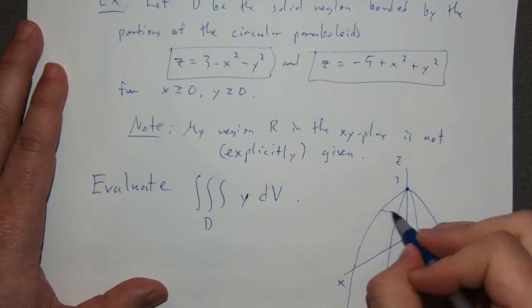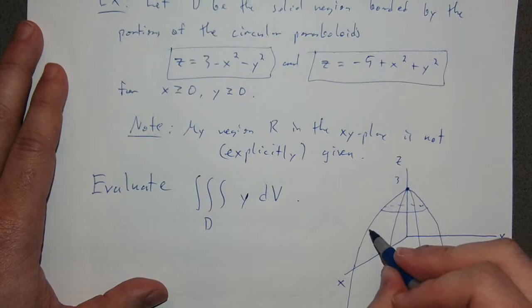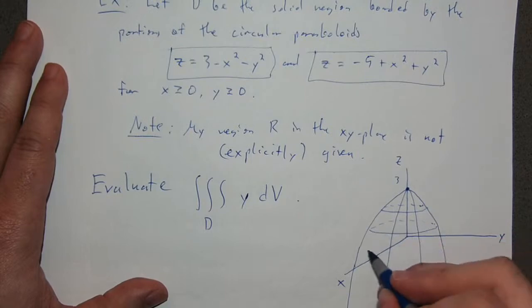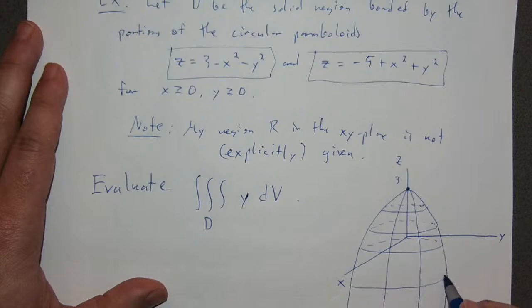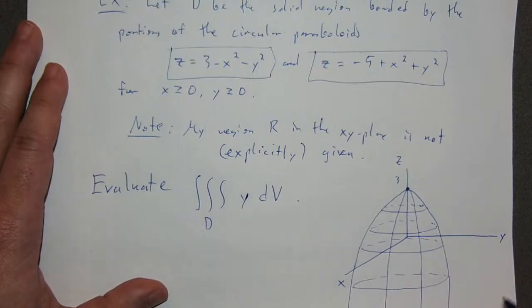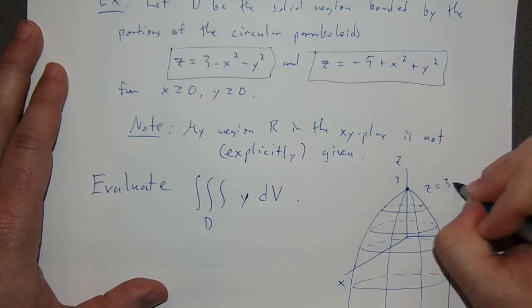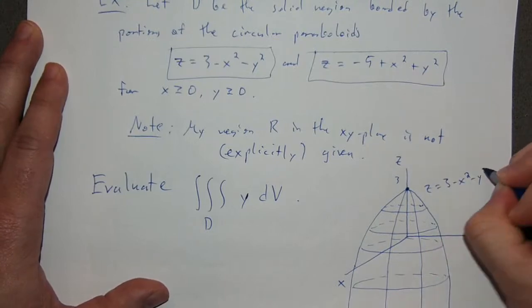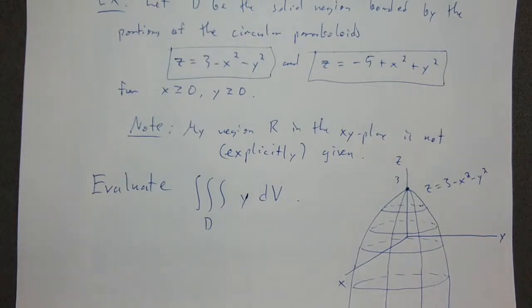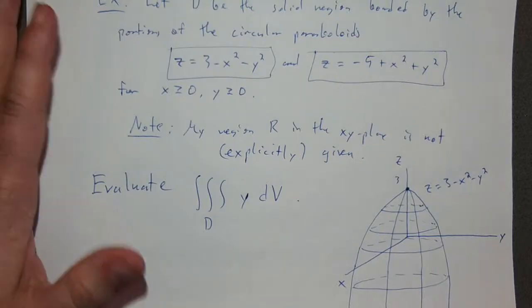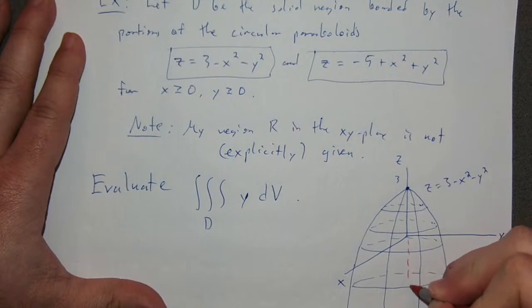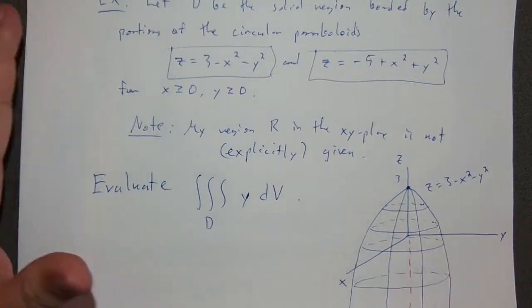If I look at cross sections of this, my cross sections are circular. That's why it's a circular paraboloid. So this is my top, z is equal to 3 minus x squared minus y squared. And then, if I want to look at my bottom paraboloid, I'm going to extend my axis down here.